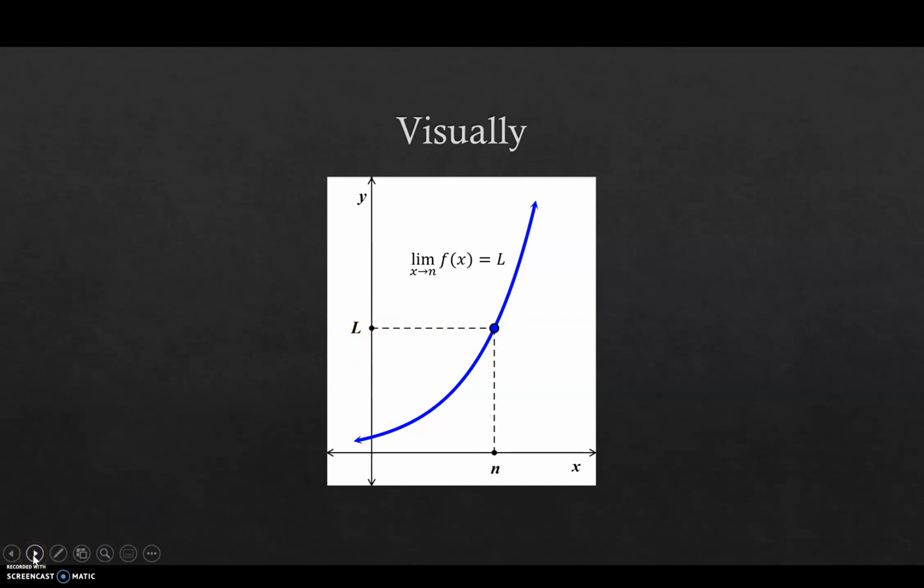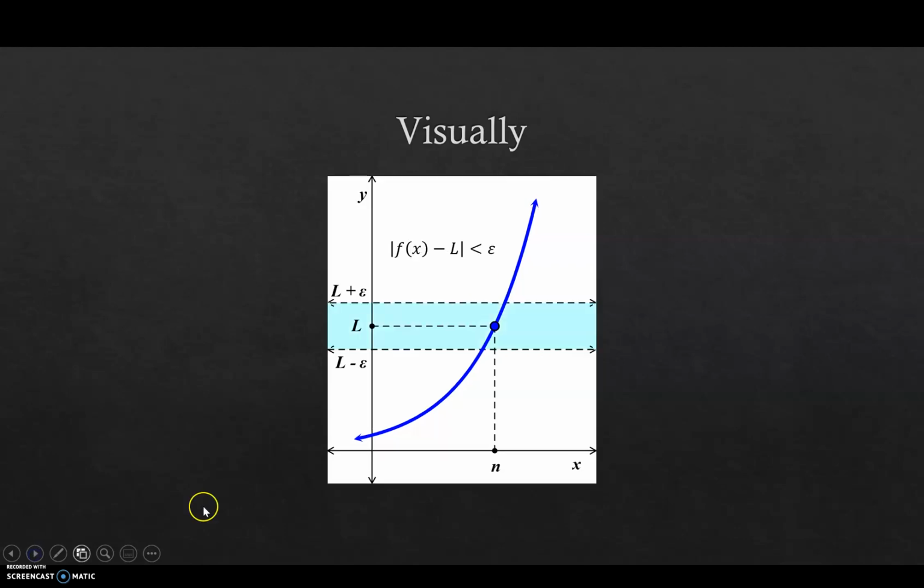And then I'm going to pick some epsilon that I think is a good measure of how far away I can be from this limit. So in this case, I added epsilon and I subtracted epsilon from L and I got this little boundary here. Now, the goal is that I want x values to land between these two y value boundaries.